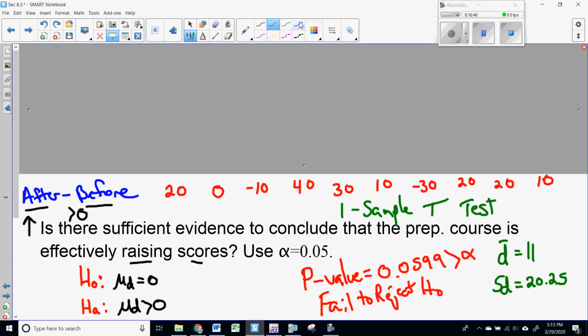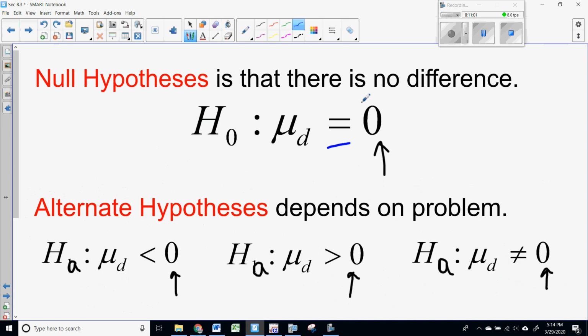So now let's think about what that means. If we fail to reject, there is not enough evidence to support that our difference is greater than 0. There's not enough evidence to support that after is bigger than before. On all of these, if we fail to reject, we are saying there is no difference.